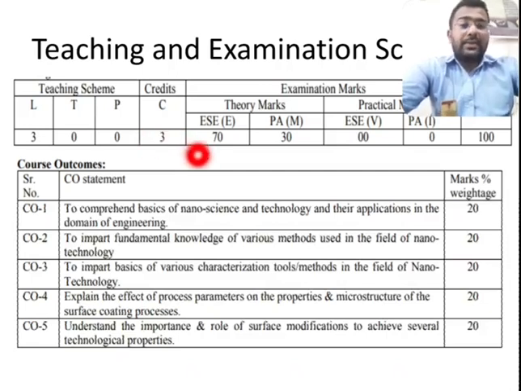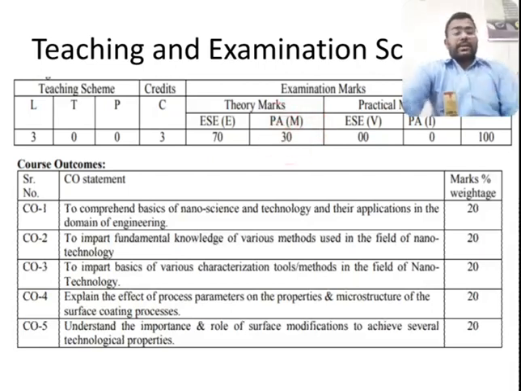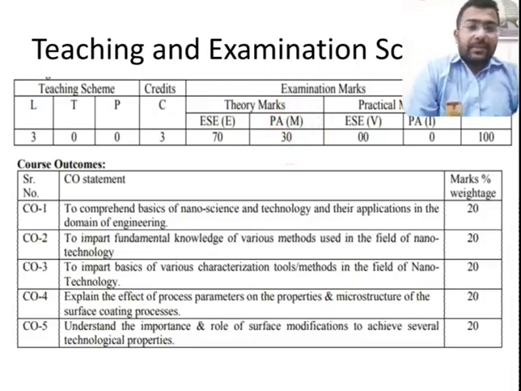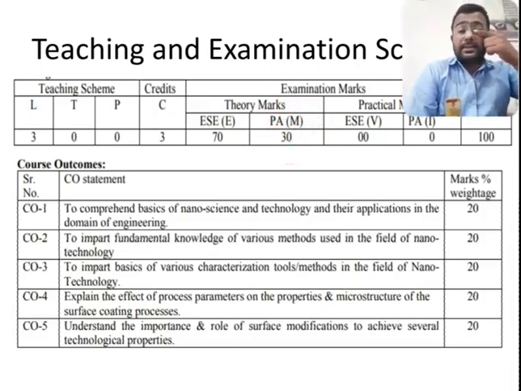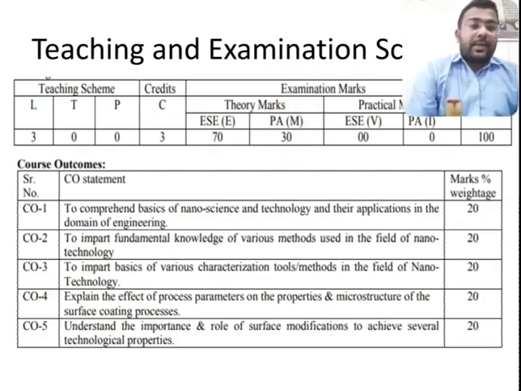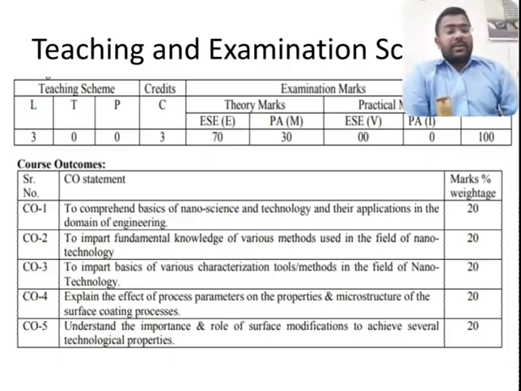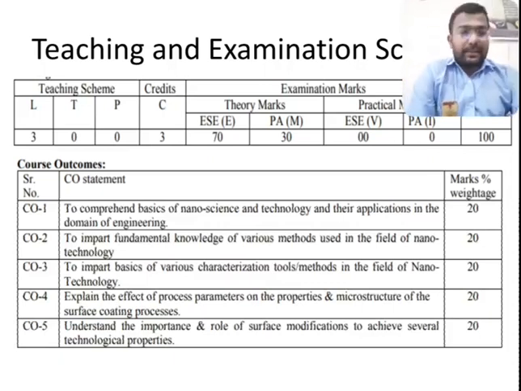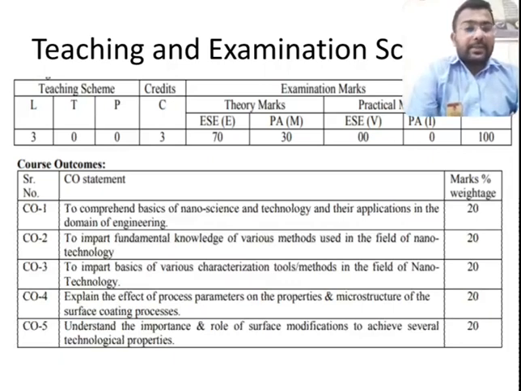Only there will be a 70 mark theory exam. You are all giving mid-sem and remedial, so that particular marks are covered from mid and remedial marks. No practical marks, so there are only 100 marks for the subject, and the credit of this subject is only 3.